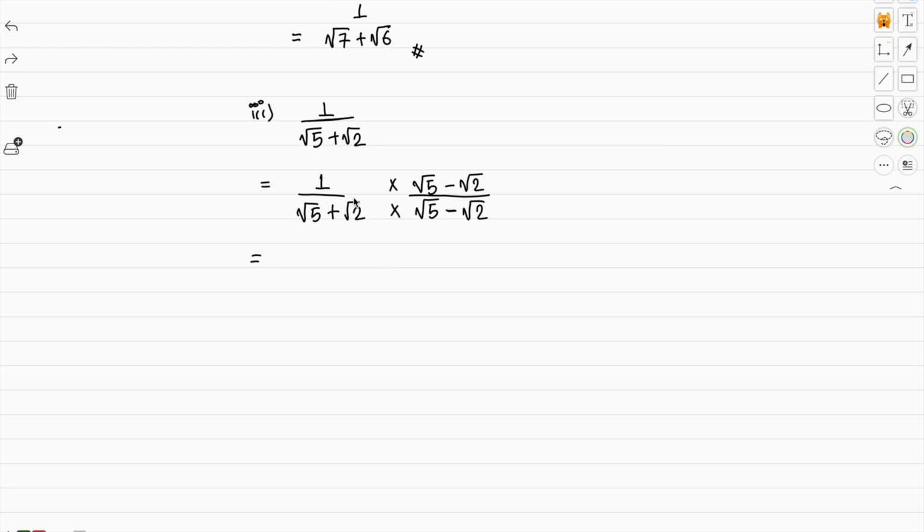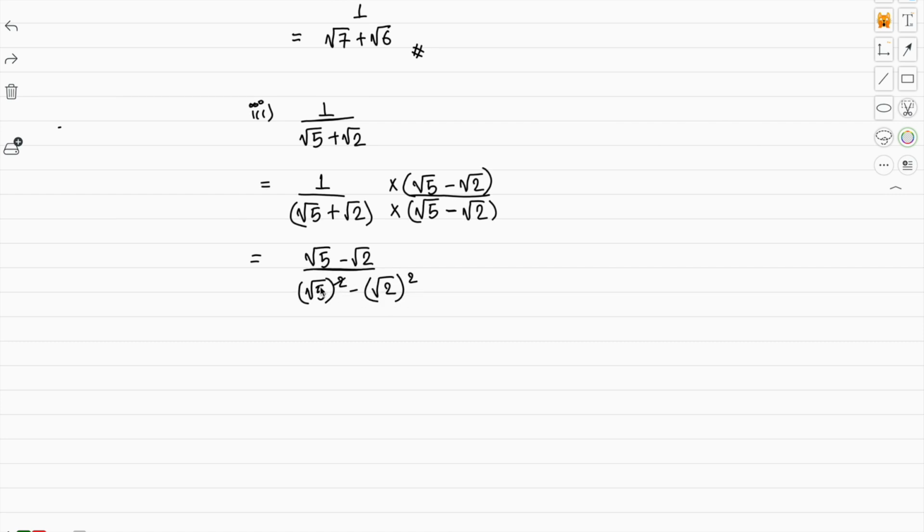And then when we multiply this, we are going to get 1 times root 5 minus root 2, which is root 5 minus root 2, divided by, now in the denominator we have again a plus b and a minus b. By now we already know the formula of a plus b and a minus b, which is a square, root 5 whole square, minus our b square, root 2 whole square.